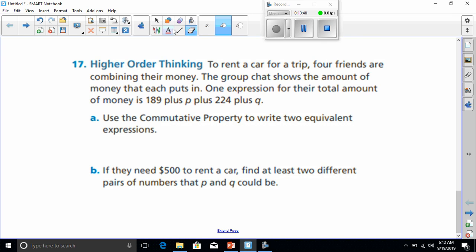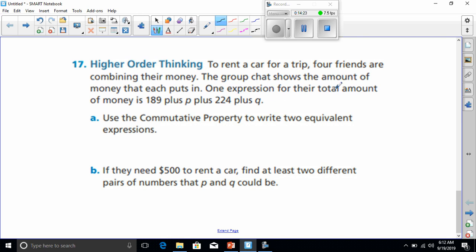And I am going to get number 17 going here. High order thinking. To rent a car for a trip, our friends are combining their money. The group chat shows the amount of money that each puts out. One expression for their total amount of money is 189 plus P plus 224 plus Q. Well, let's write that out.